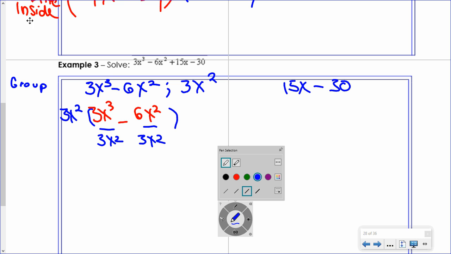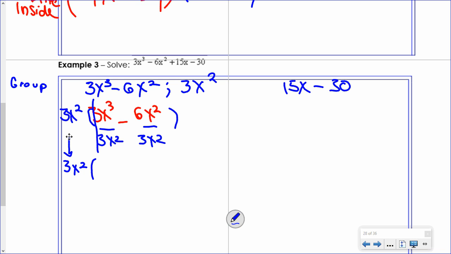All right, so my 3x squared just comes down, and GCF just comes down. And I have 3 divided by 3. What happens to it? Cancels. X cubed divided by x squared. Taking 2 away, how many are left? X to the 1 minus, what's 6 divided by 3? 2. X squareds cancel.